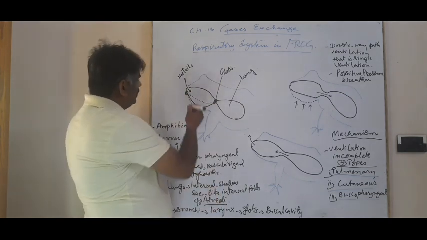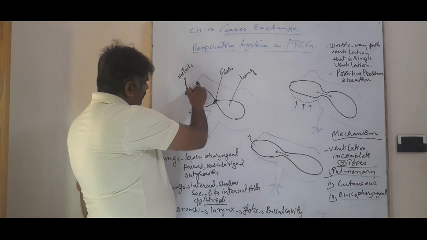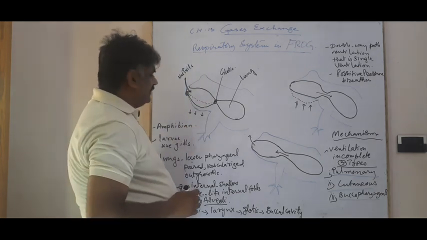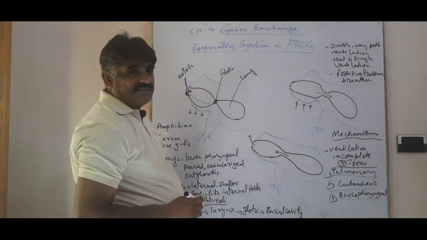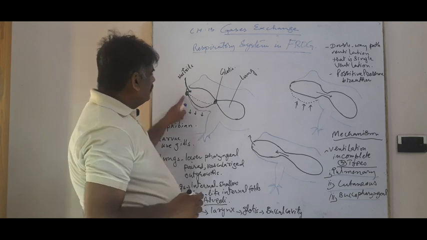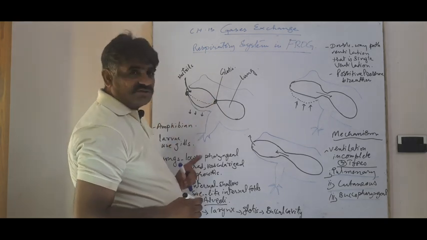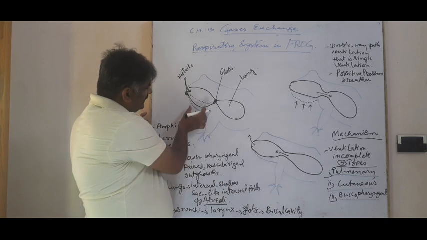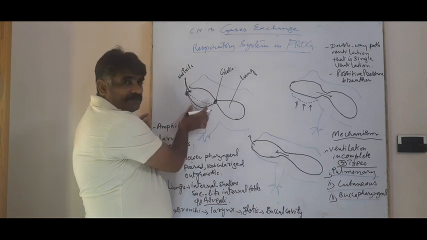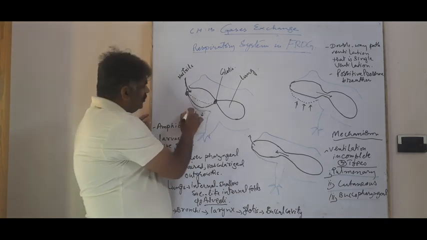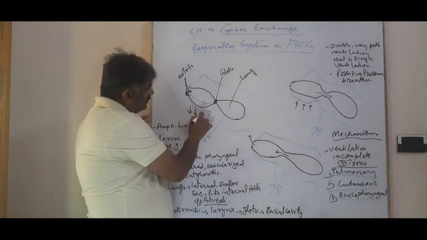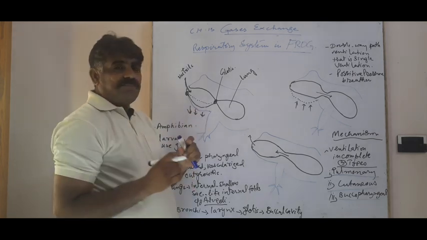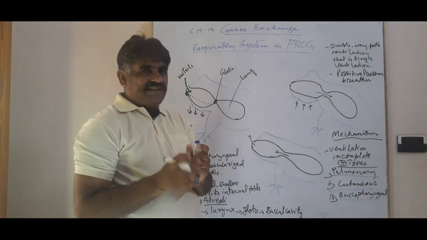When air enters into the buccal cavity, the buccopharyngeal region, the mouth and glottis are closed. What happens? The floor of the buccopharyngeal region lowers down. So the air pressure increases here.